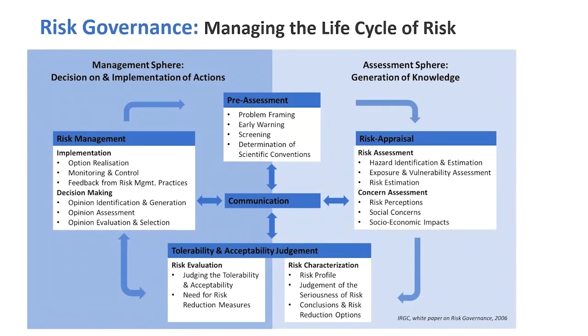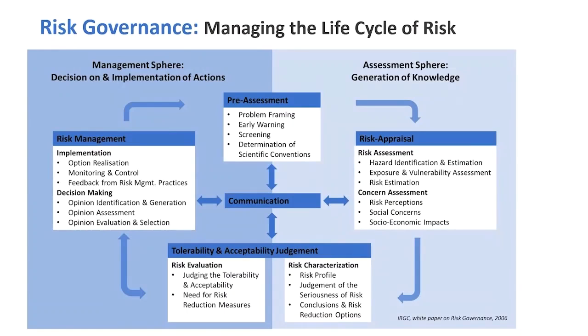The IRGC risk governance model absorbs risk management and risk assessment within two hemispheres: the assessment sphere, where the generation of knowledge is the predominant task, and the management sphere, where decision-making and implementation of actions is the focus.